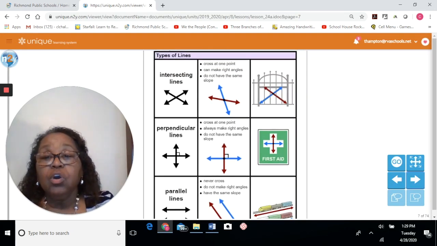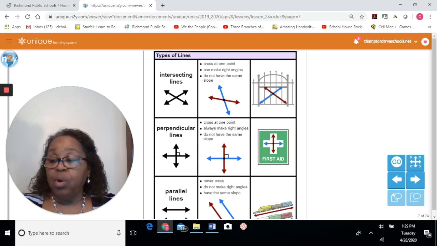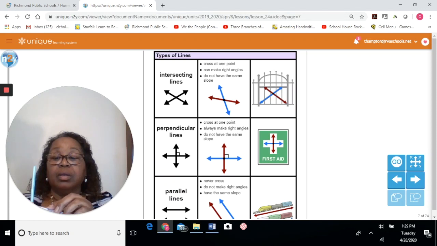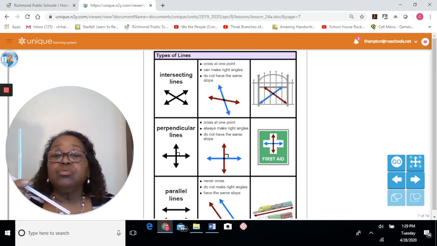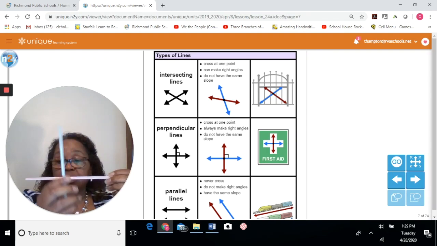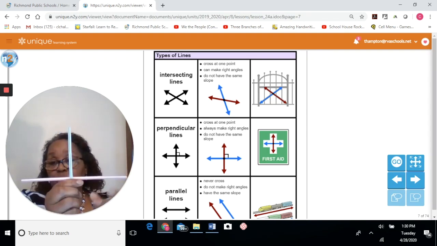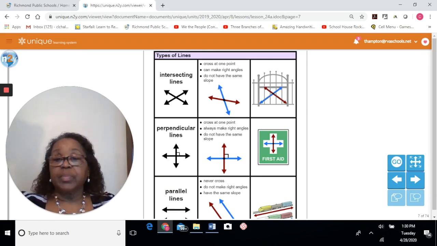All right, let's look at our other definitions that we have. We talked about intersecting lines. They cross at one point. They can make a right angle, okay? But they do not have the same slope. One is sloping in this direction, one is sloping in that direction, but they're coming together at a point, okay?